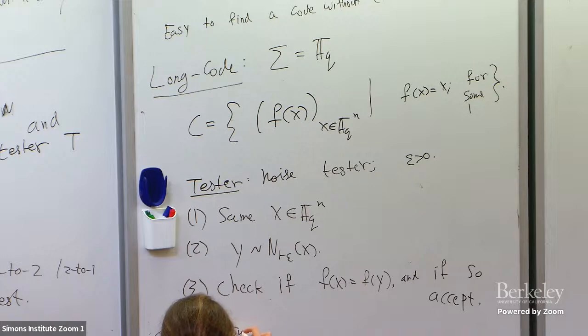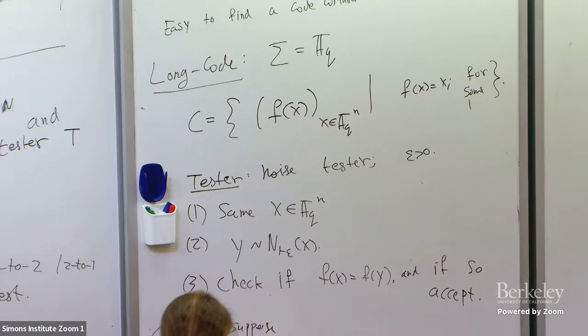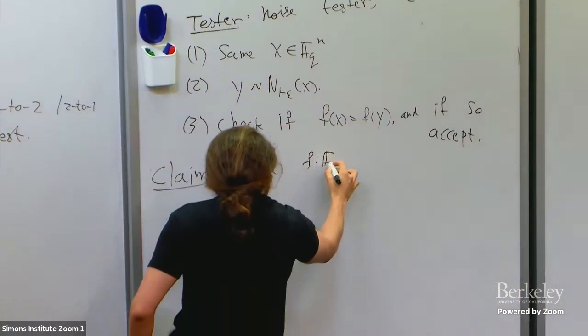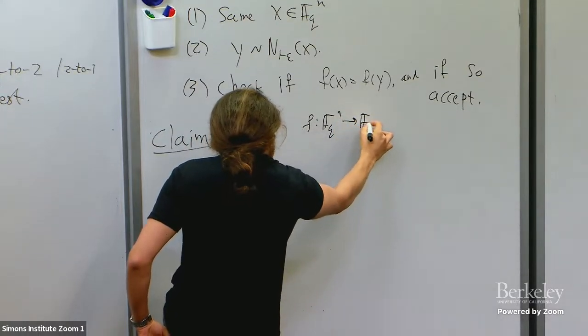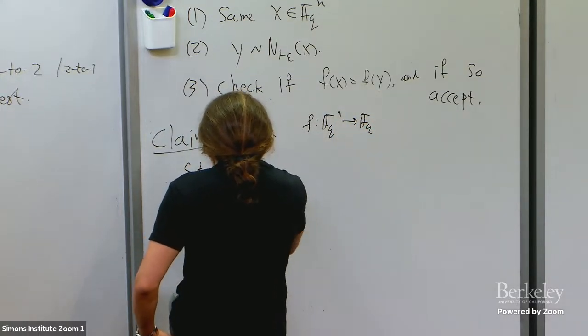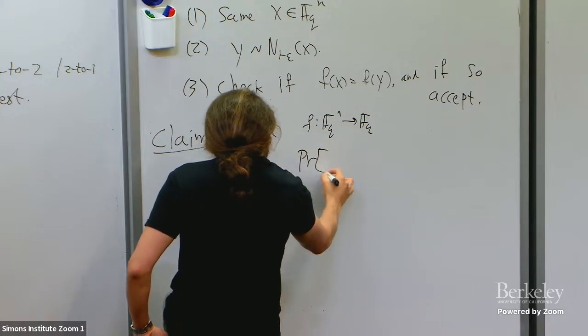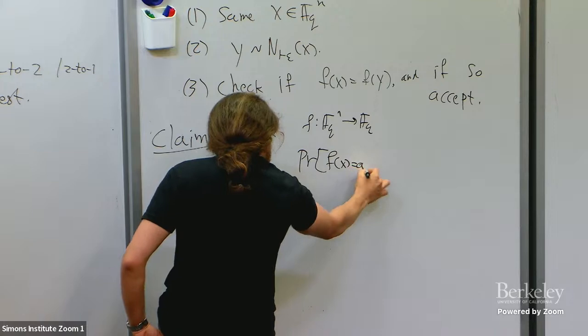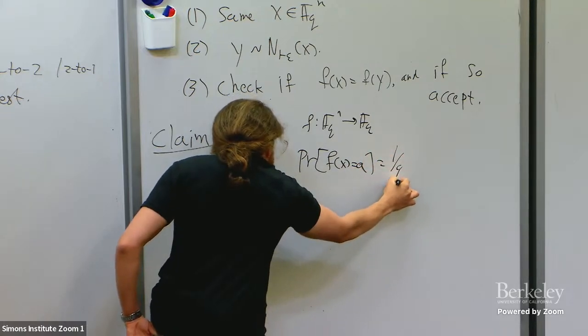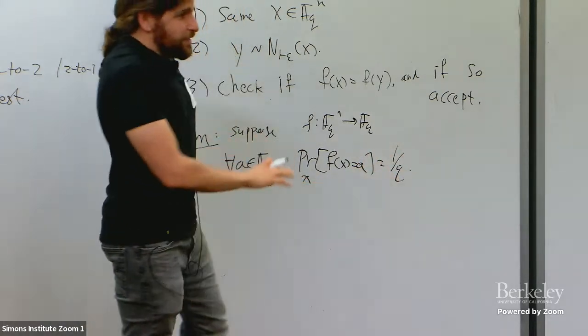So suppose I have some function f such that for each a in F_q, the probability that f is equal to a is 1 over q. I'm going to say that this is balanced.